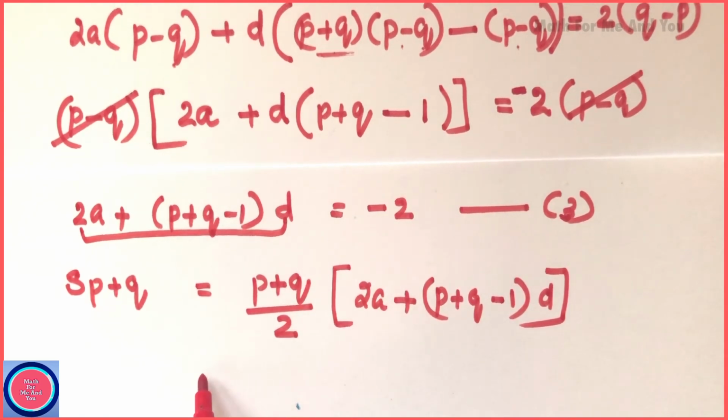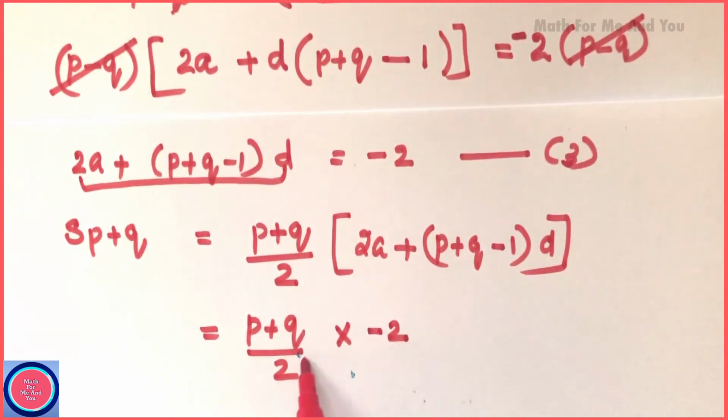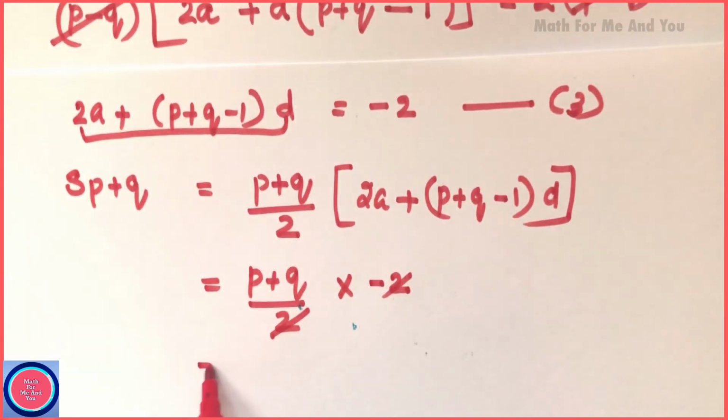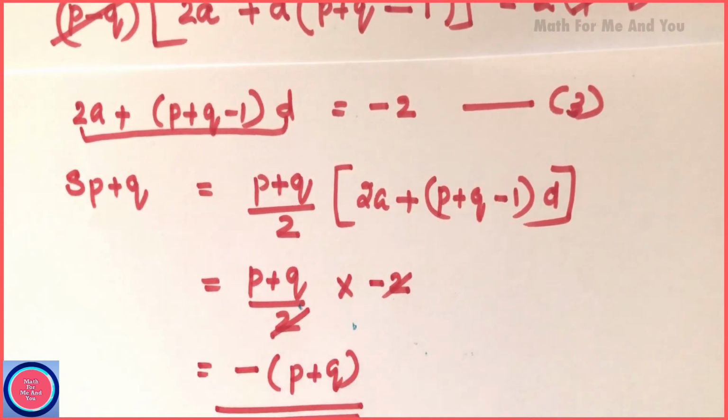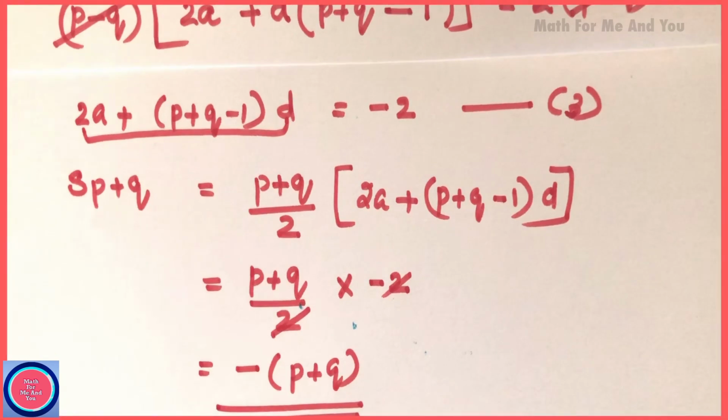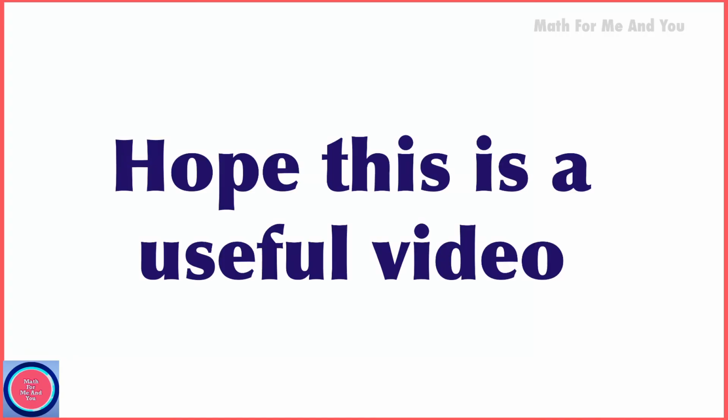It is minus 2. So we can write (p plus q) over 2 times minus 2. From equation number 3 we get this result. The 2 and minus 2 cancel, so we get a negative and p plus q: minus of (p plus q). What is the sum of p plus q terms? It is minus of (p plus q).